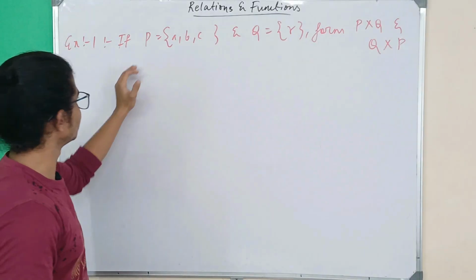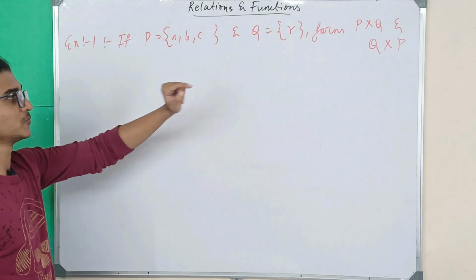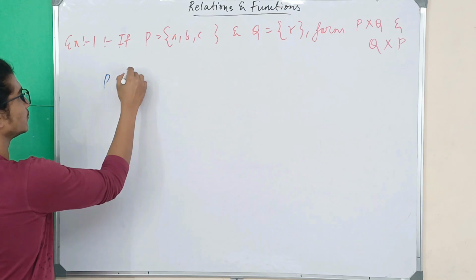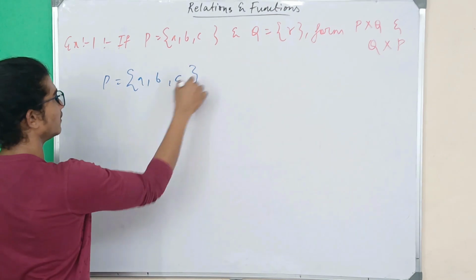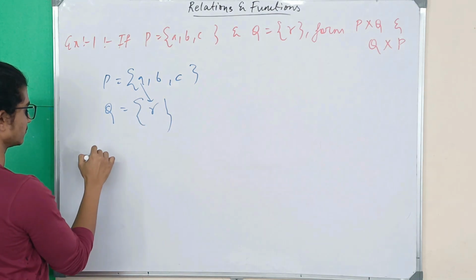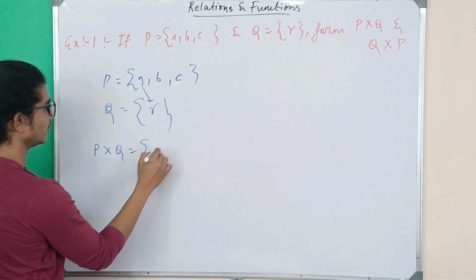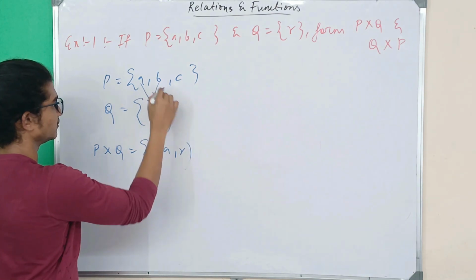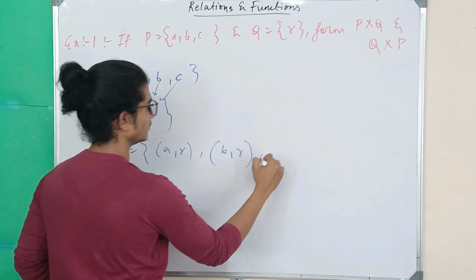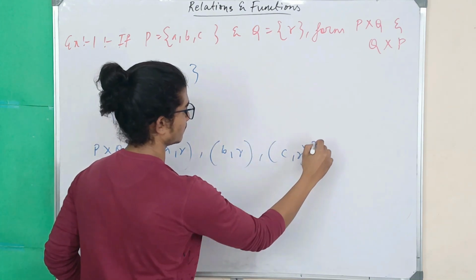The next one is: if P equals {a, b, c} and Q equals {r}, we're supposed to find P cross Q and Q cross P. First, P equals {a, b, c} and Q equals {r}. Basically multiply this with this. P cross Q is going to be (a, r), and this with this, (b, r), and this with this, (c, r).